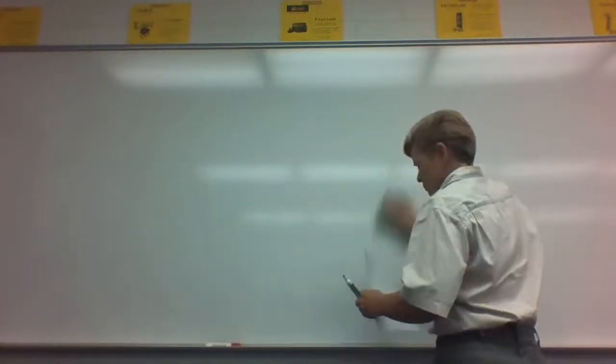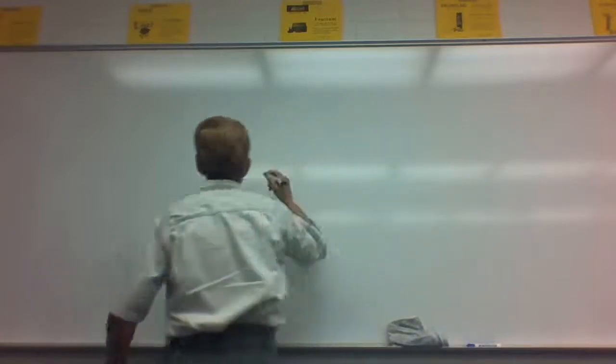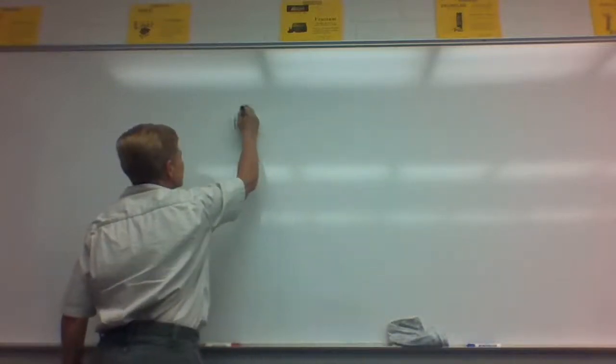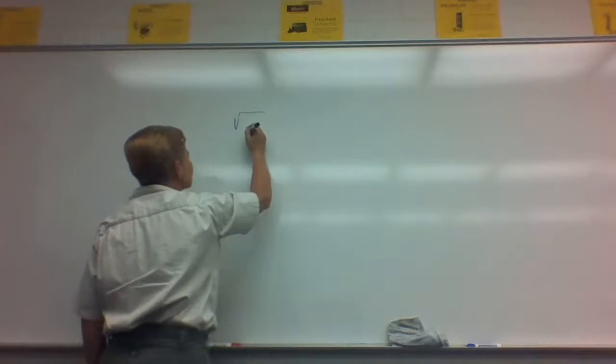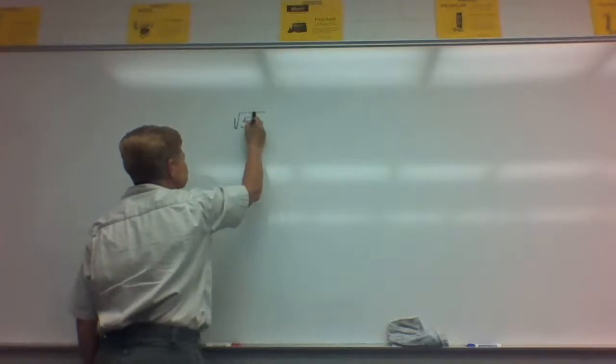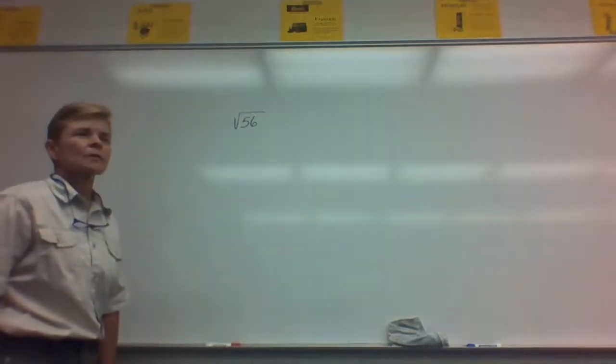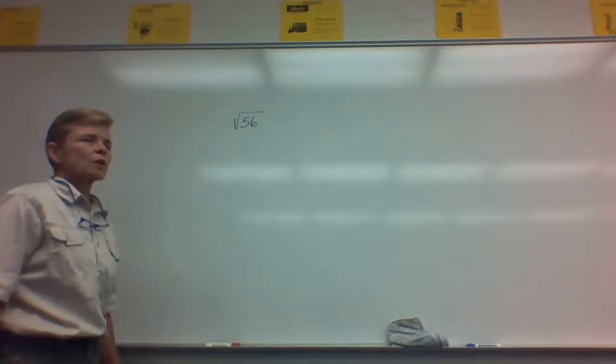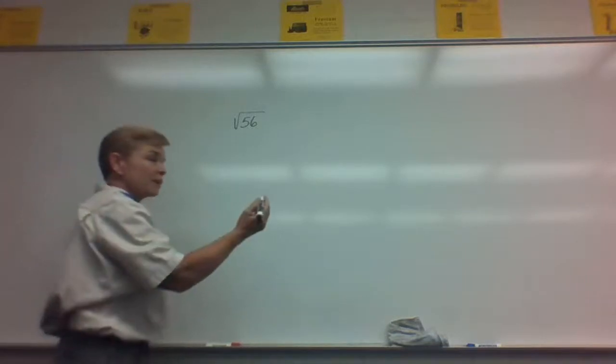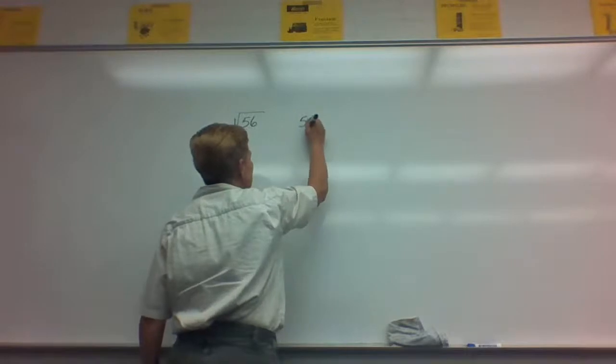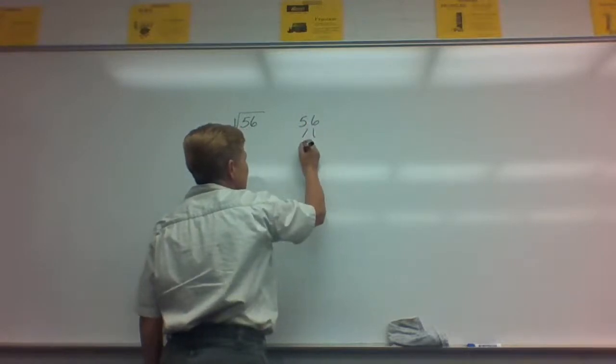So, let me show you a couple of these. One of them is sort of like this. The square root of, we'll say, 56. Is that a perfect square? No. Okay, then we've got a prime factor, right? To find the squares, we have 56, and anybody think of anything?